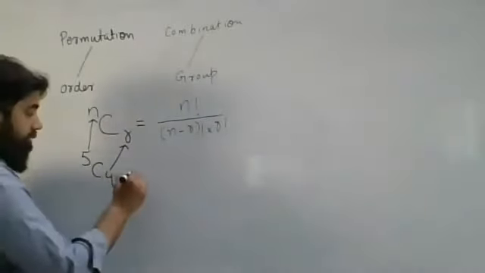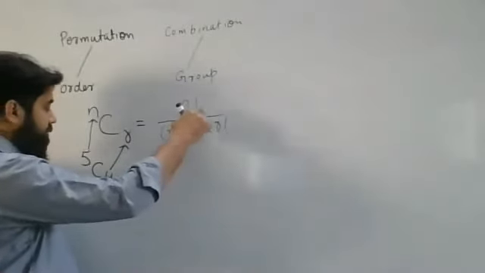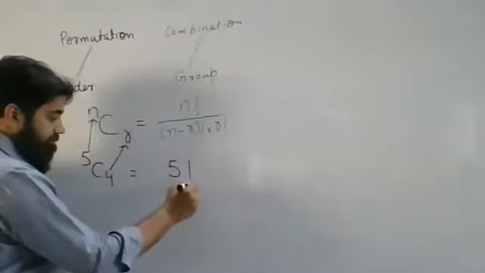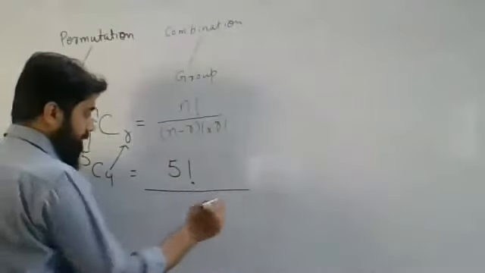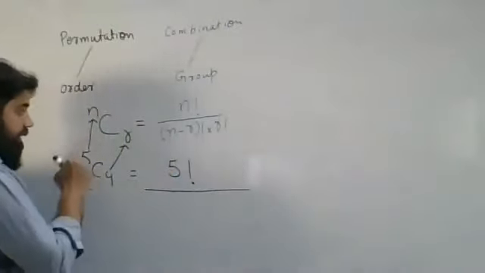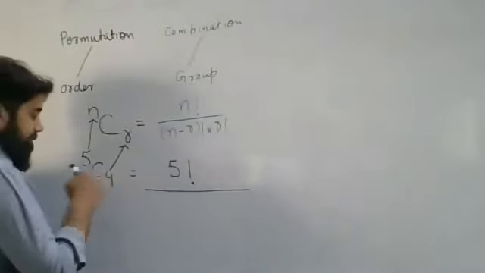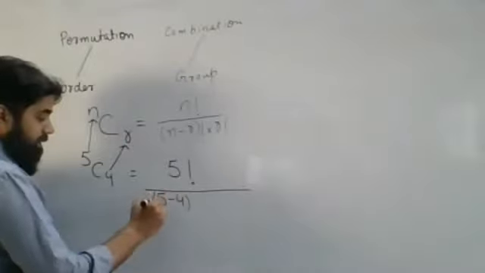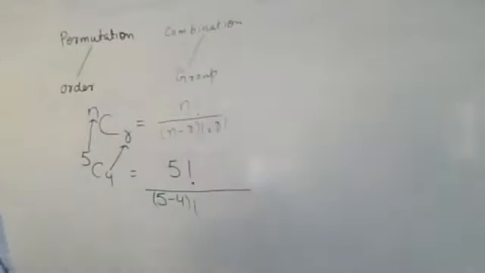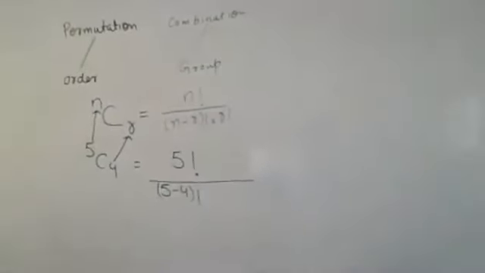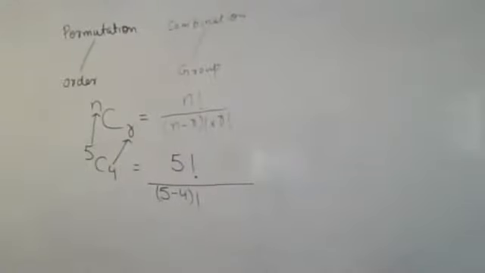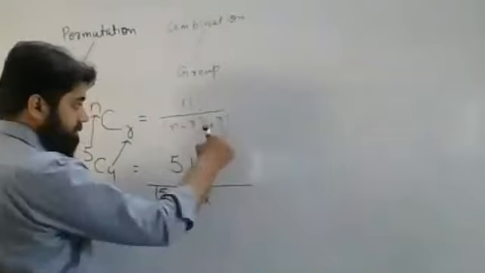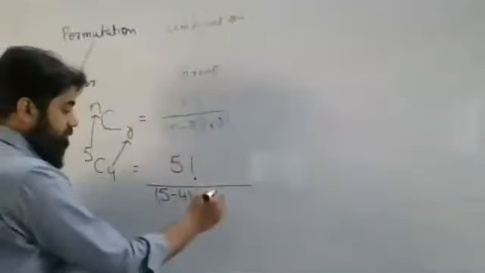So the formula is n factorial, so according to this, 5 factorial upon n minus r factorial, means 5 minus 4 factorial, and then r factorial, means what is r? 4.